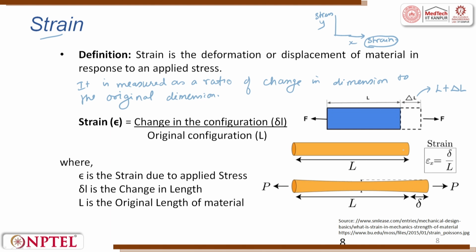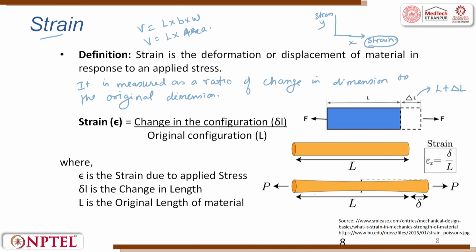So, this is a rod of length L. Now when you try to pull the rod by a force P, you see there is a constant volume. Volume is length into breadth into width. In a rod, volume is length into area, and this is constant.